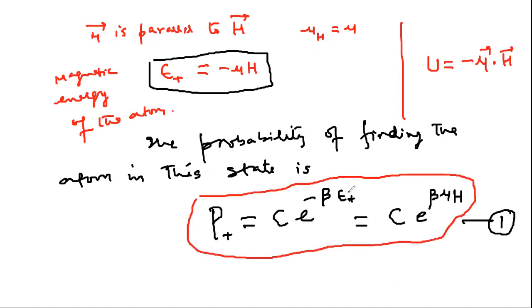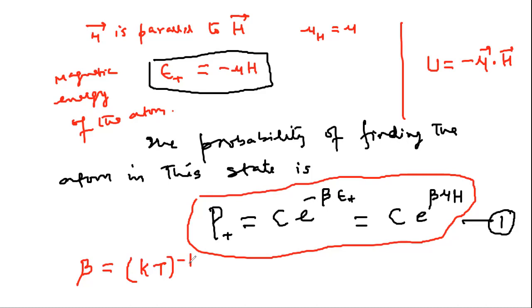We have simply substituted for epsilon plus as minus mu H. So we got C e raised to the power beta mu H. And we know C is a constant of proportionality, which is independent of the state, and beta is 1 by kT, or you can write it as kT raised to the power minus 1, where k is the Boltzmann constant.